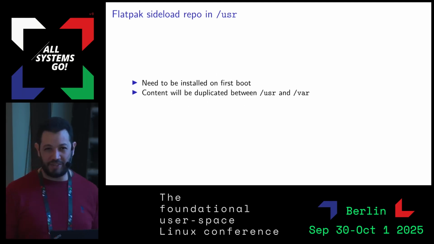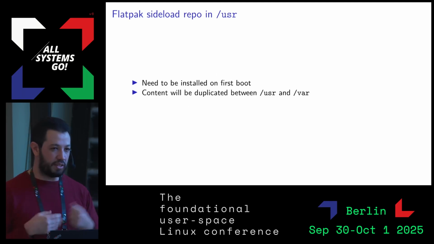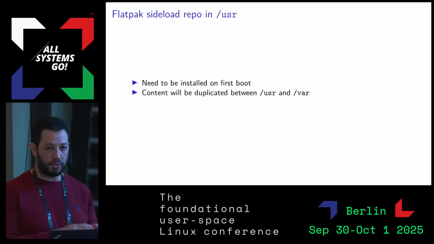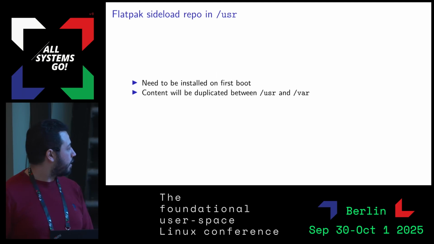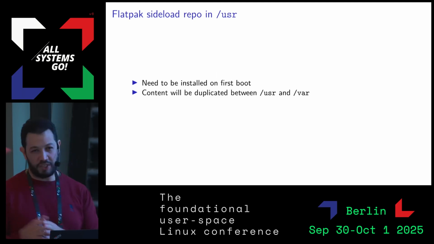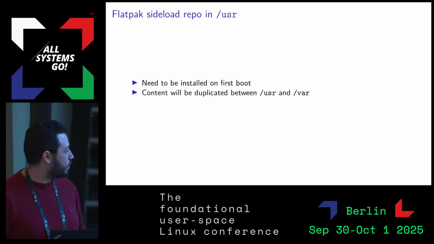The content will be duplicated between usr and var, especially if usr is a separate partition. That is the case with us in GNOME OS, where we're using the AB partition system. So we have it already in usr, and we copy it into var, which is the disk, part of the root file system. So it reduces the space available to the user.